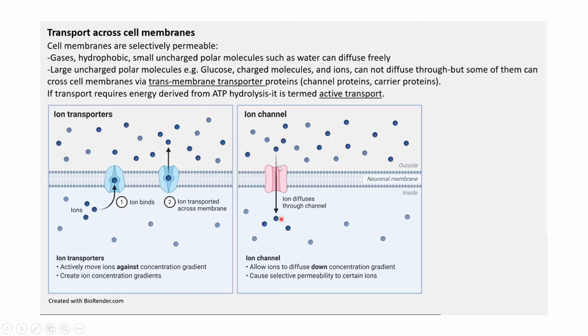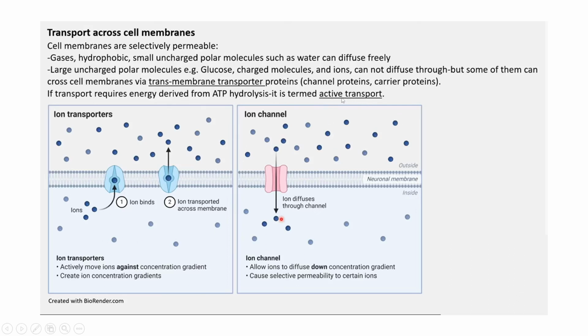Transport protein basically plays a role in the transport of these large uncharged polar molecules as well as ions and charged molecules, from the inside to the outside of the cell as well as from the outside to inside. When we talk about the transport protein, there are also different categories of transport protein. One is active transport and another is passive transport.